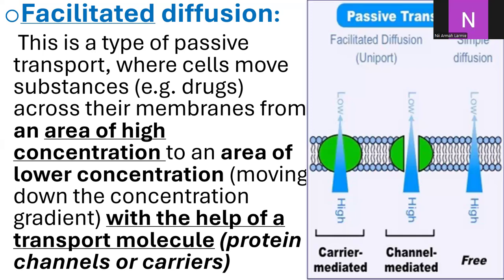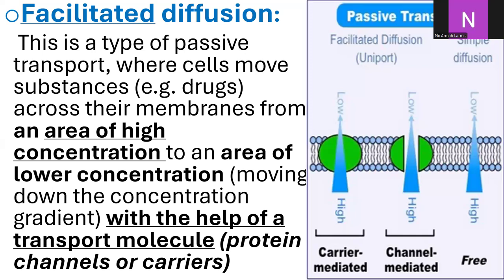The difference is that in simple diffusion, there is no molecule to help the movement of the agent, but in facilitated, there is always a transport molecule, and you can see various forms. This is a channel type, and this is a carrier type, but both molecules are aiders. They are the facilitators to help our diffusion, which means we are moving from higher concentration to a lower concentration.